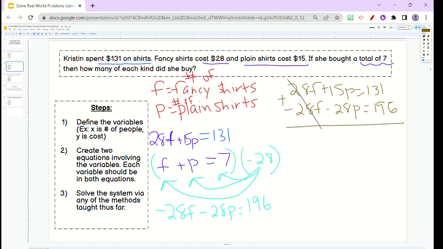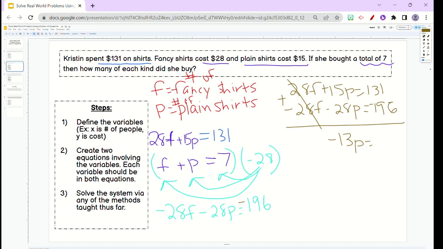Now we have 15P plus negative 28P. So 15 plus negative 28P is negative 13P. And then we have 131. And actually, good thing I caught that. This should be negative 196, right? Negative 28 times 7 is negative 196.